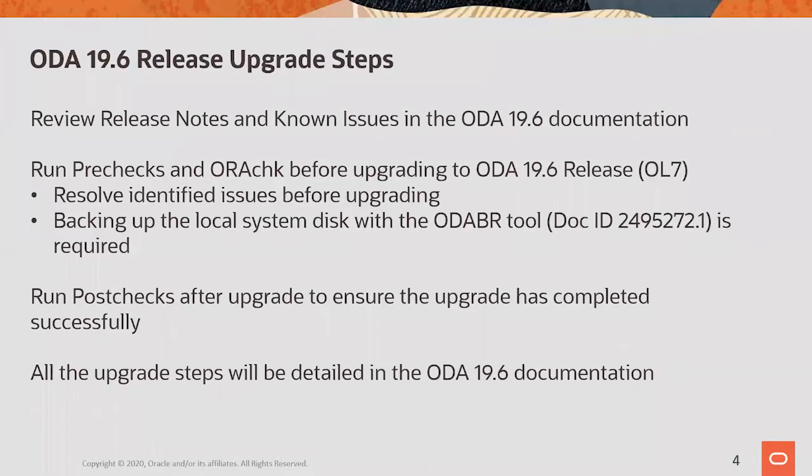We have a MOS note that describes all the details about the ODA BR and how to use it. So definitely make sure that customers review that note and take the snapshot before they do the upgrade, so they have a sort of insurance policy to go back to where they were before.